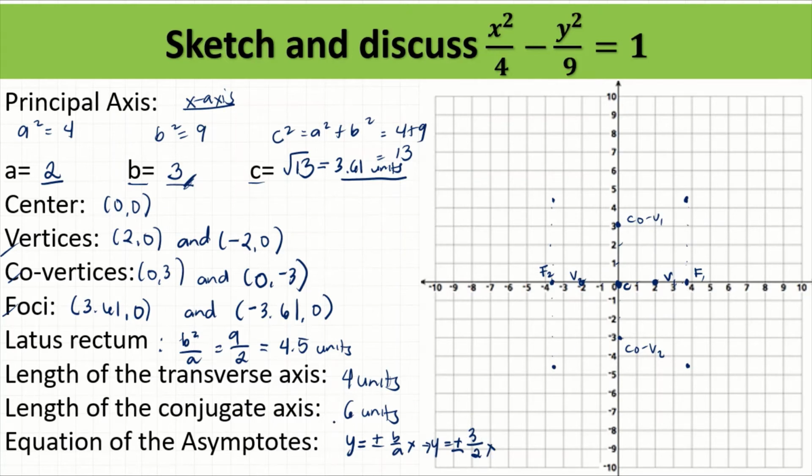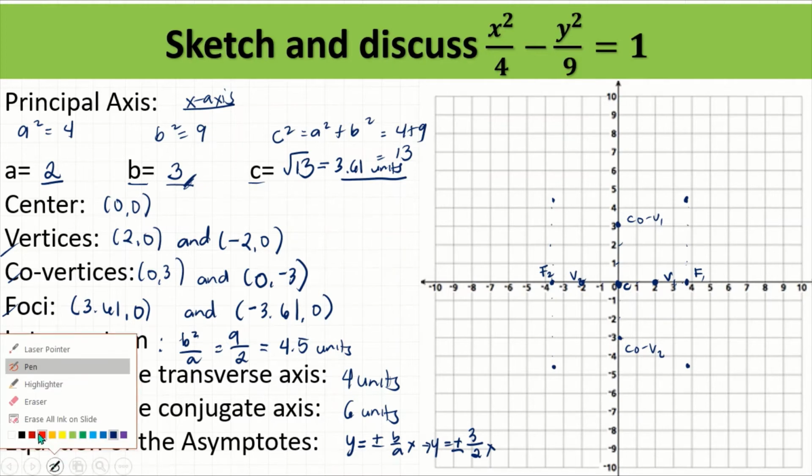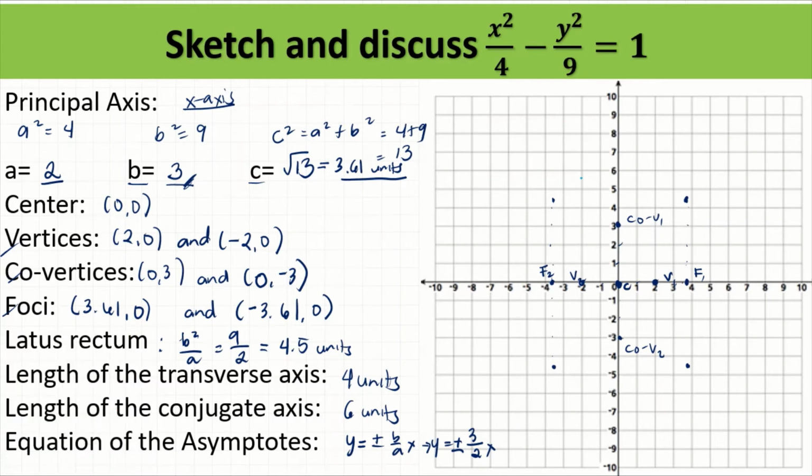So, gagamitin natin yung equation of the asymptotes para makapag-draw ng tinatawag natin na auxiliary rectangle. So, gagawa muna tayo ng auxiliary rectangle na imaginary line wherein nandun yung co-vertex and yung vertex.